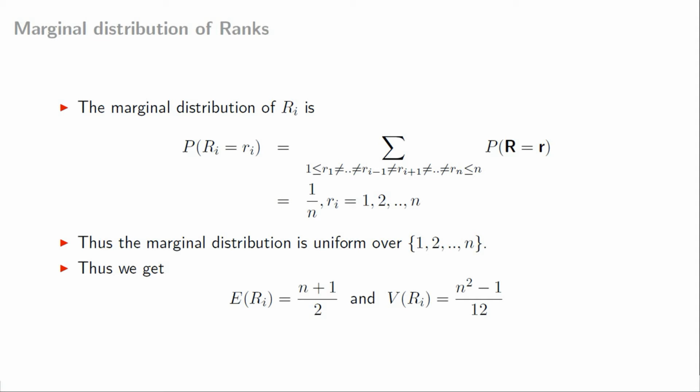After a mathematical simplification, we find that this probability comes out as 1 by n for every possible value, Ri equal to 1 up to n. Thus, the marginal distribution is uniform over 1 to n, and we at once get the expected value of Ri as n plus 1 by 2 and the variance of Ri as n square minus 1 by 12.